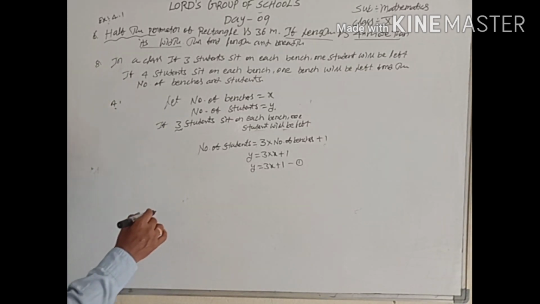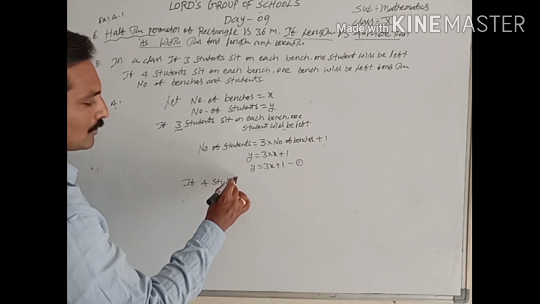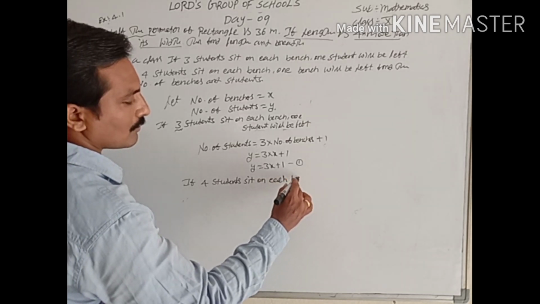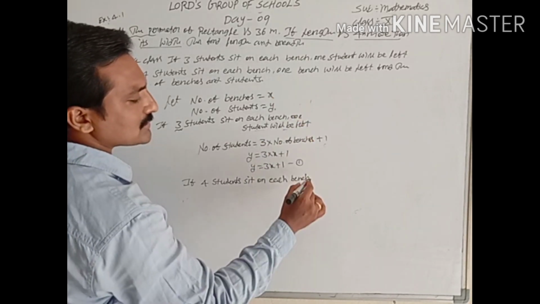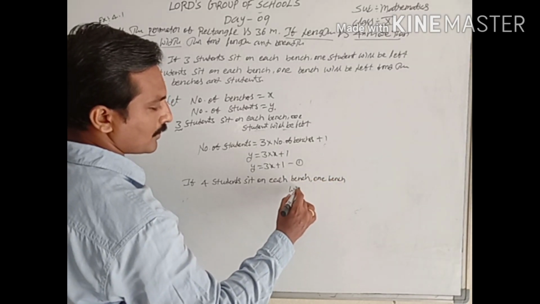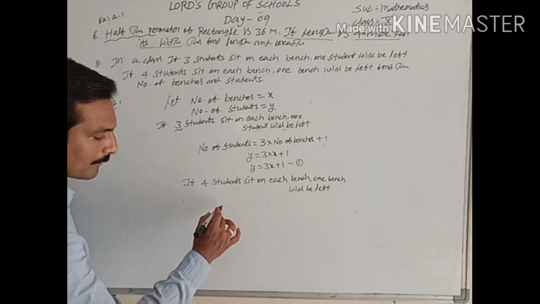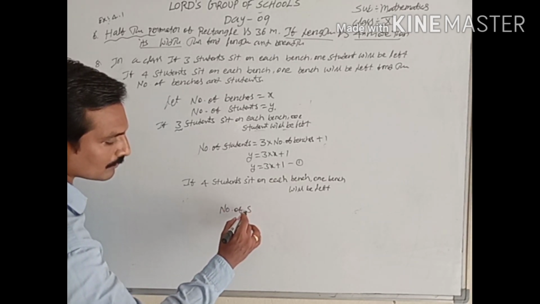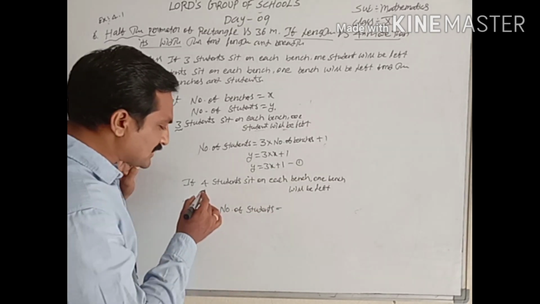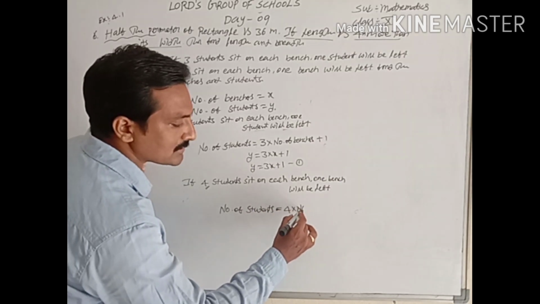Next comes the second condition. If 4 students sit on each bench, in this case 1 bench will be left. So the number of students is equal to 4 into the number of benches.